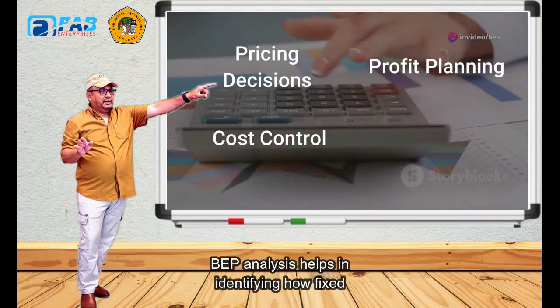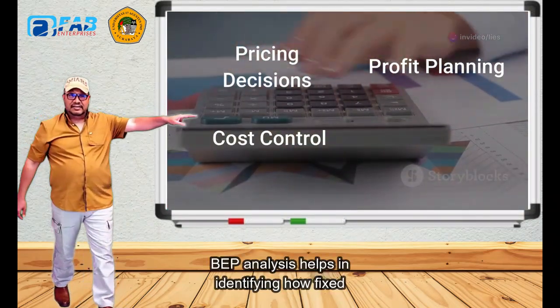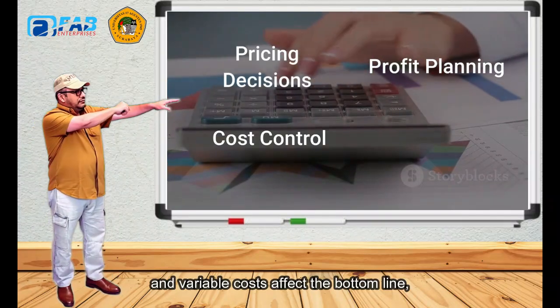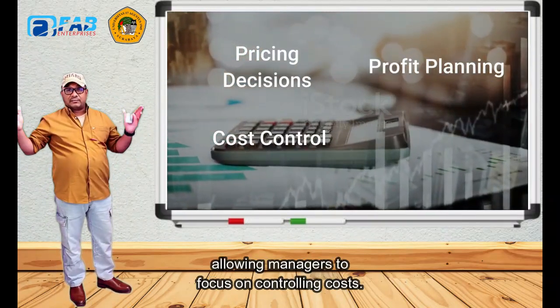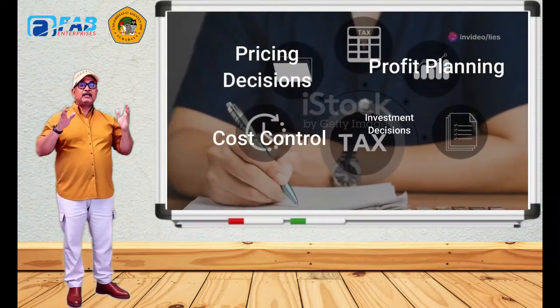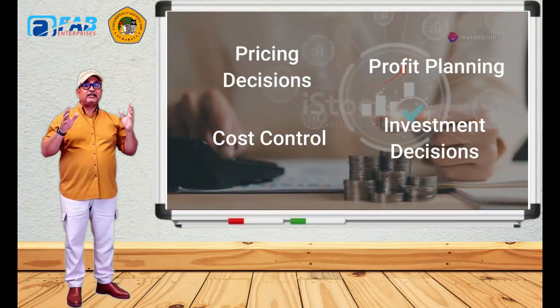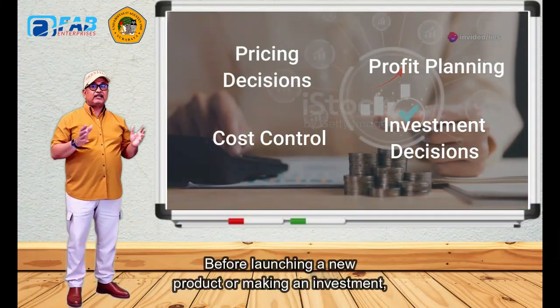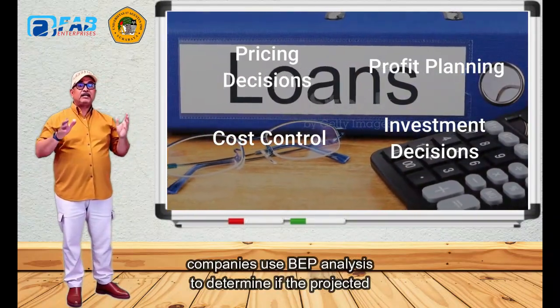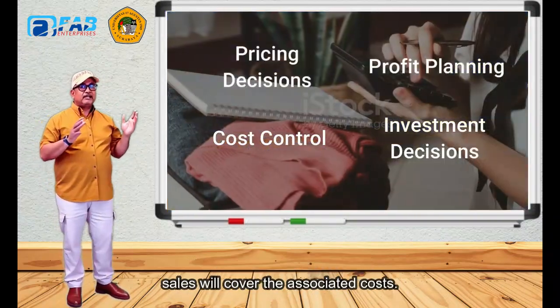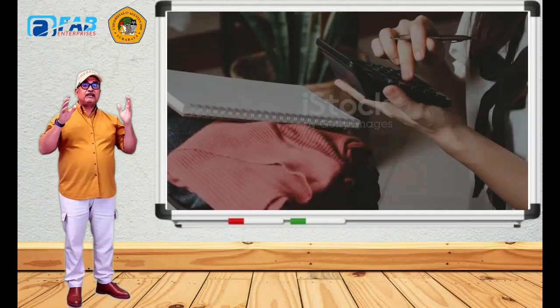Cost control. BEP analysis helps in identifying how fixed and variable costs affect the bottom line, allowing managers to focus on controlling costs. 4. Investment decisions. Before launching a new product or making an investment, companies use BEP analysis to determine if the projected sales will cover the associated costs.